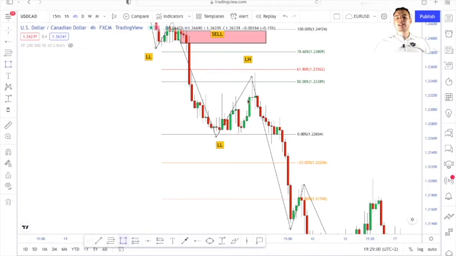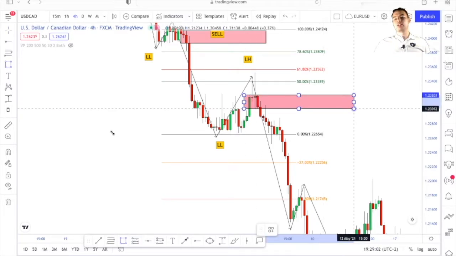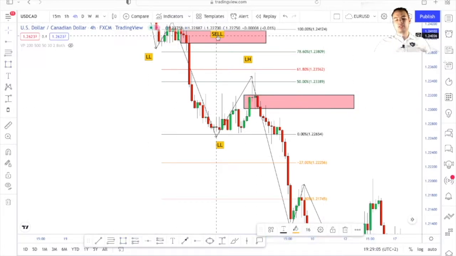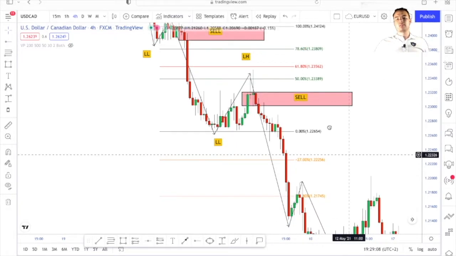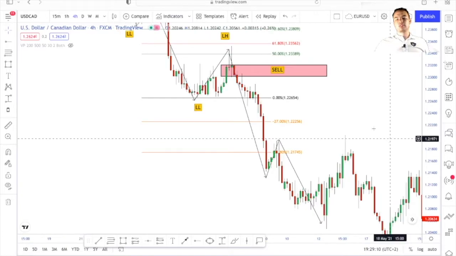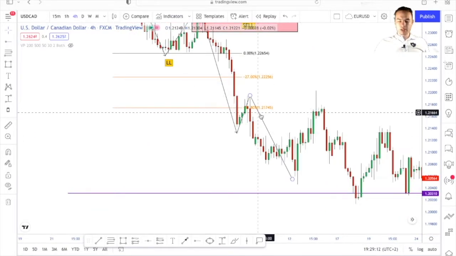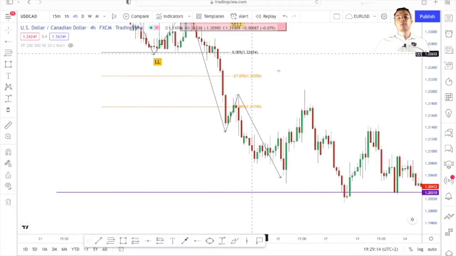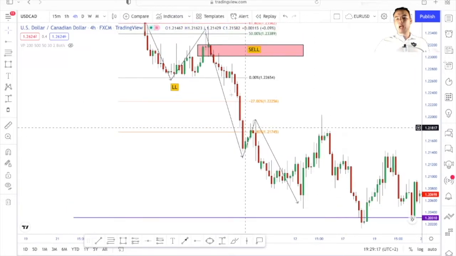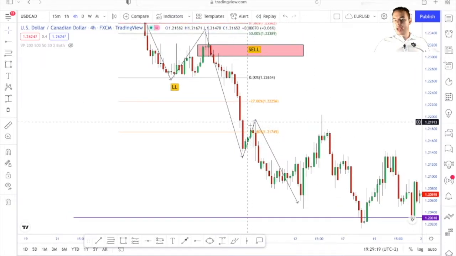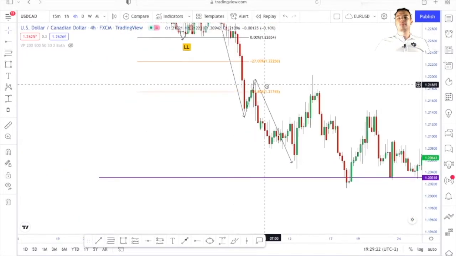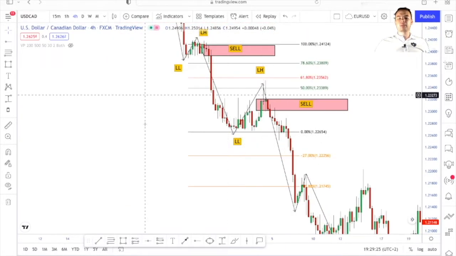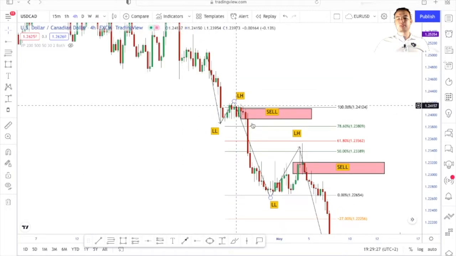So you add another sell over here. So you add into your position. There's more on adding to positions again in the paid course. But it comes down, retraces, you add a sell until it hits your take profit. Those are the retracements.